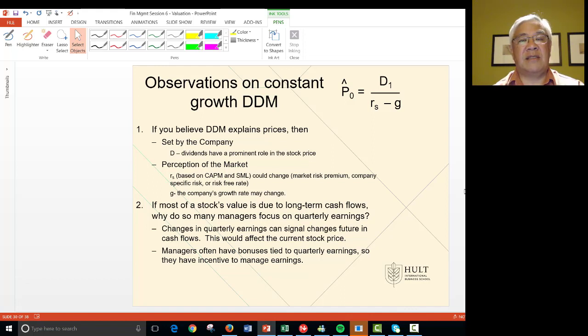So DDM is a fairly simple method in terms of the math. However, its practicality in business is not as strong. It's limited to mature companies, and also companies which are not prone to wide variations in dividend policy or change in dividend policy.